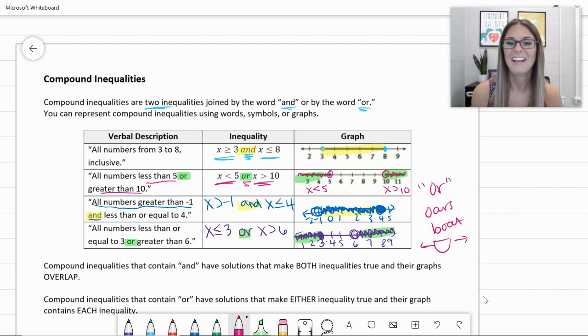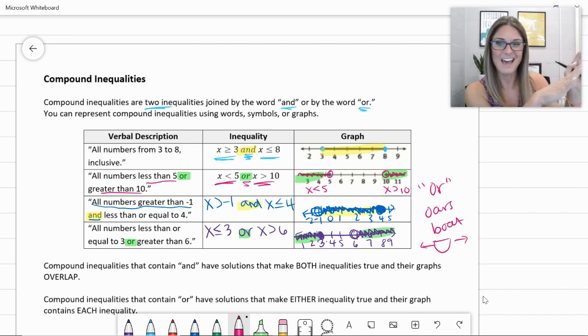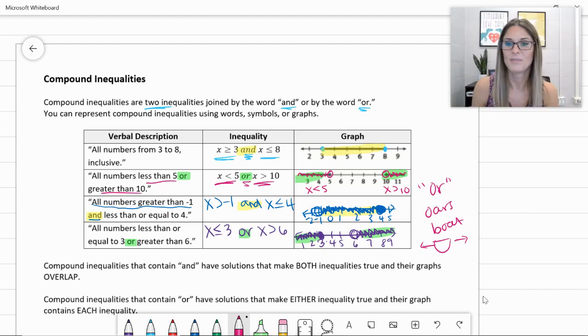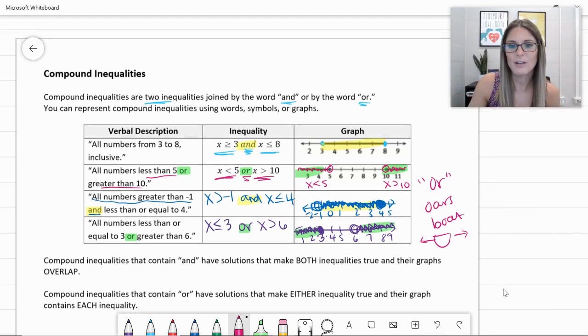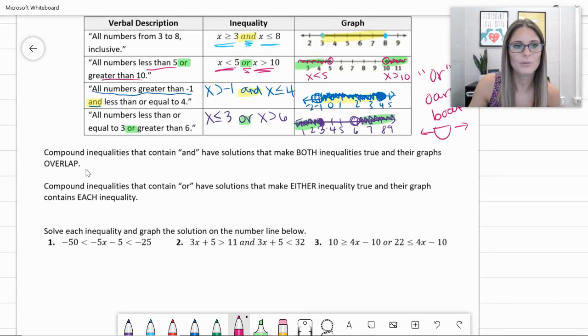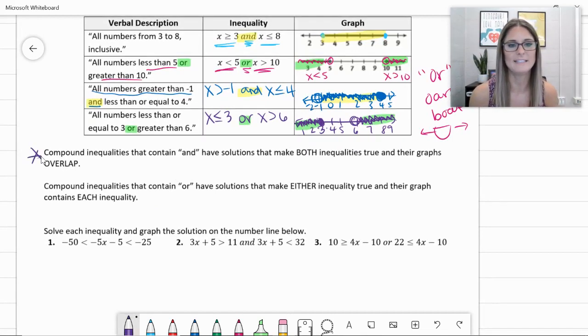So on those or inequalities, they should be shaded opposite directions because I want that or I want that. And says I want both inequalities to happen, so there are going to have to be shared values. I think we've got that wording below. The first one here: compound inequalities that contain and have solutions that make both inequalities true and their graphs overlap.